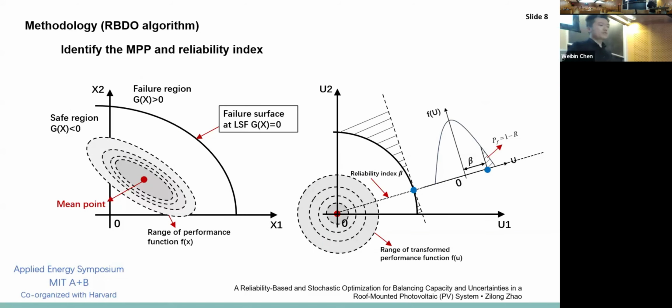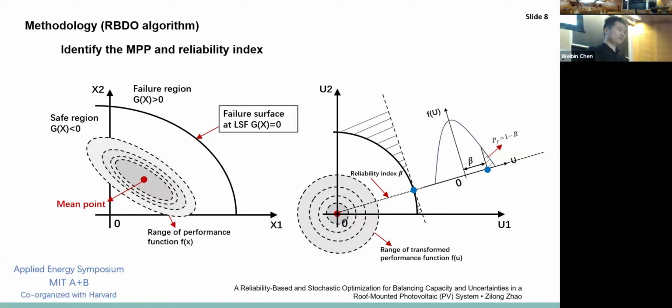This is a more straightforward diagram to show you how it looks on the figure. Typically in a deterministic optimization, when there's no uncertainty and no probability considered, the red dot is exactly the value of your final result. But when you consider the uncertainties for each of the parameters, the results may vary.